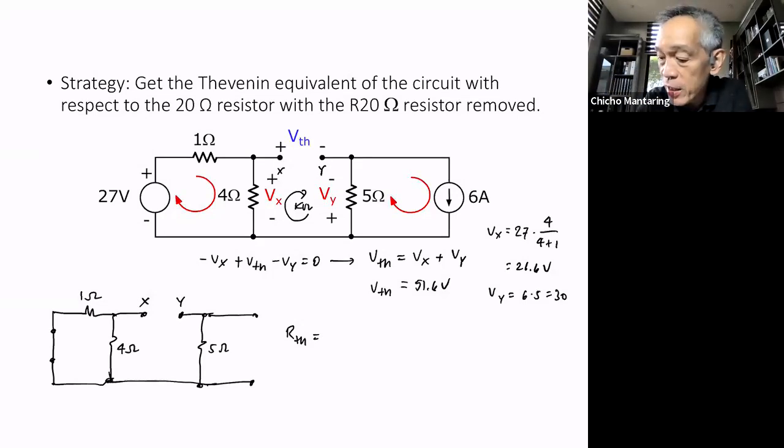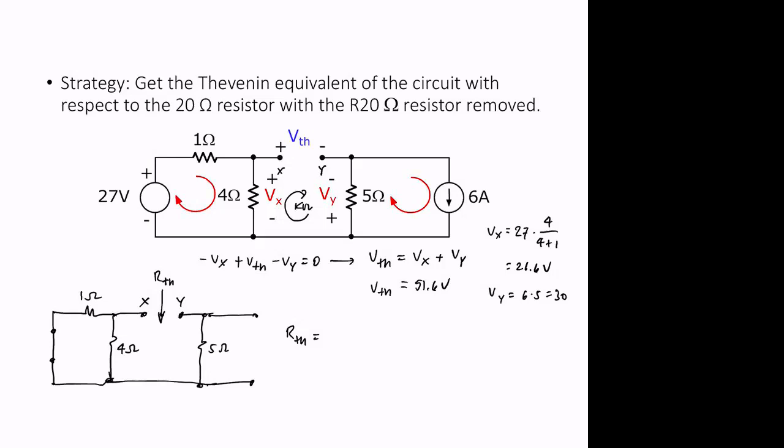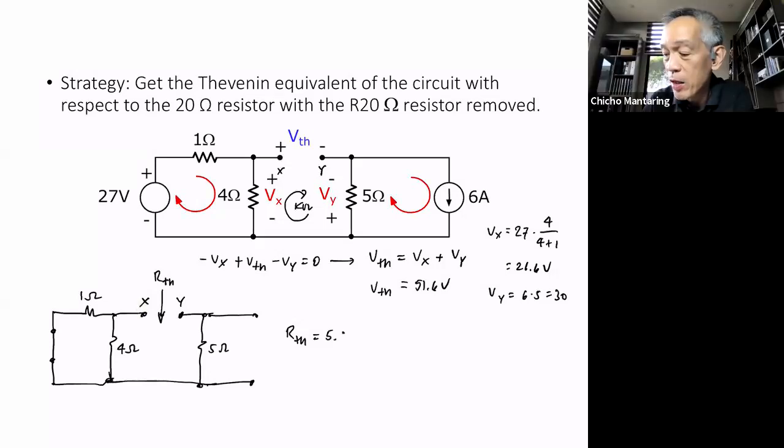RTH is this, looking into X and Y. Student: Sir, is it 5.8? That's right, 5.8 ohms. Why? You have 1 ohm in parallel with 4 ohms, which is 0.8 ohms, that is in series with the 5 ohms. So that's 5.8 ohms.